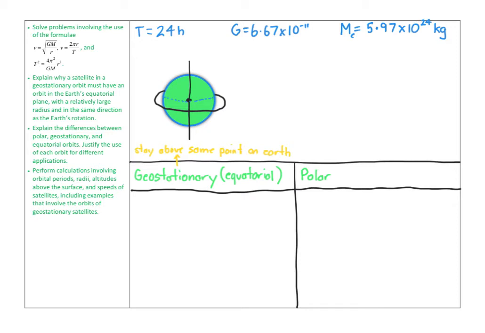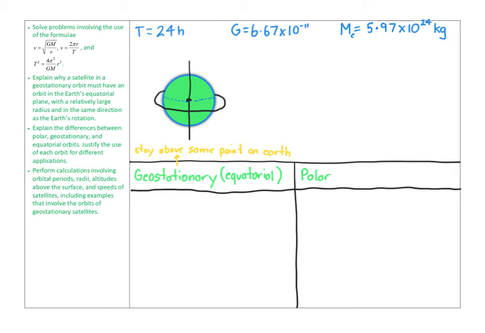And secondly, it must sit above the equator. The reason it can't sit anywhere else, so it's got to basically rotate around the same axis as the Earth. So if that's the axis there, the Earth rotates around, the satellite has to rotate around the same axis if it wants to stay above the Earth.